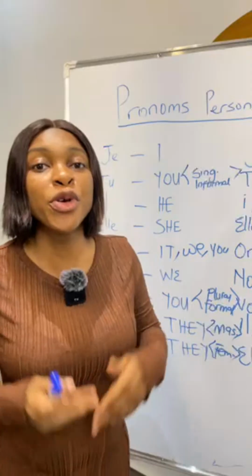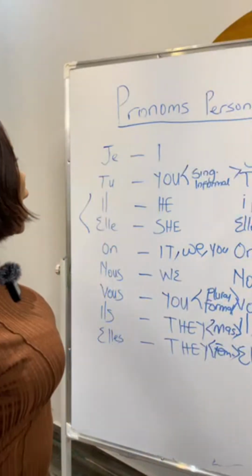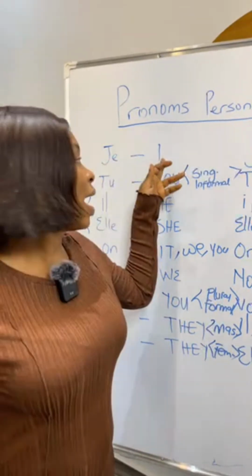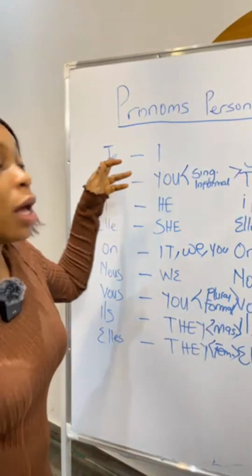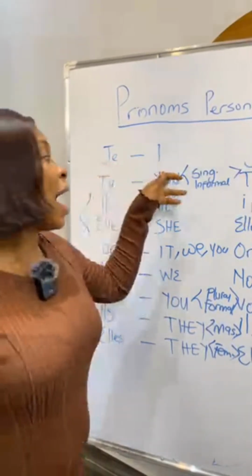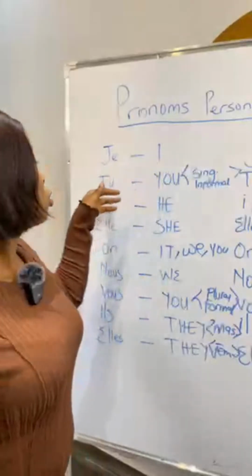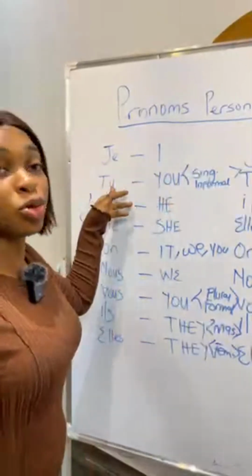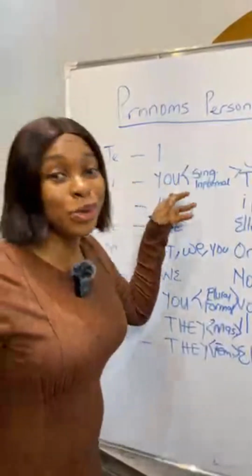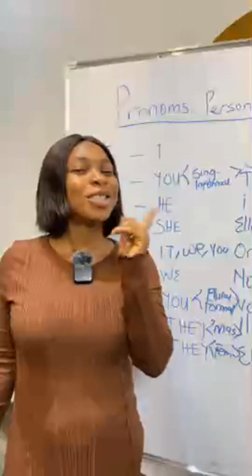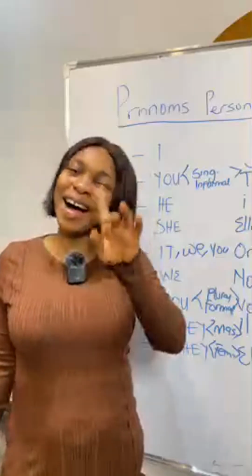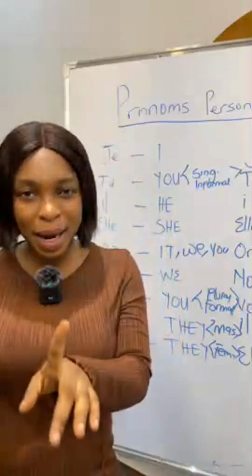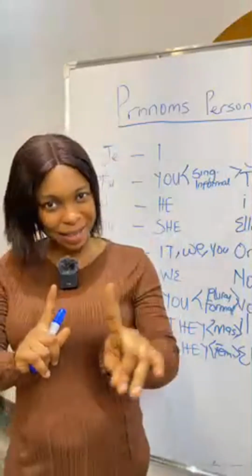Pronom personnel. And then we have je, I. Let's go again. Je, I, tu, you. Don't forget, how's our tu like? Tu is singular and informal. Do not forget that. Good.